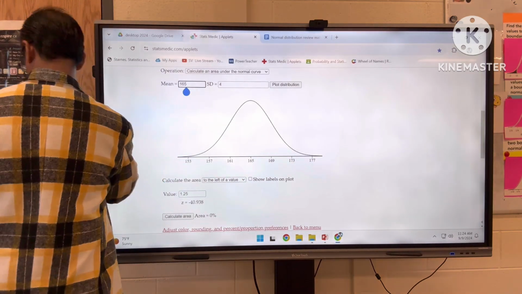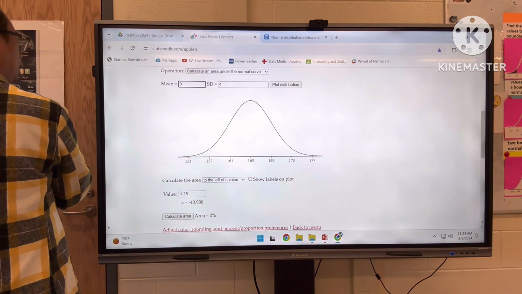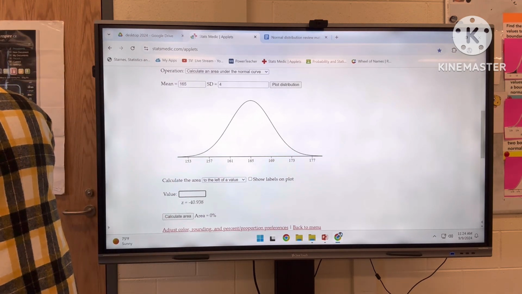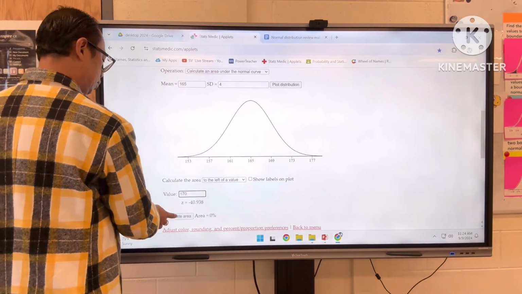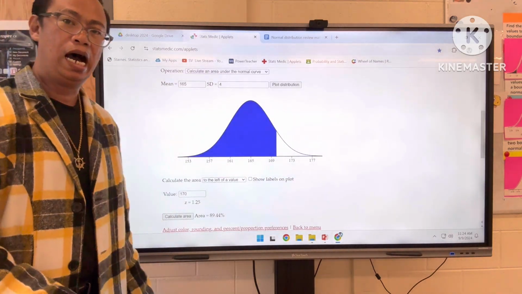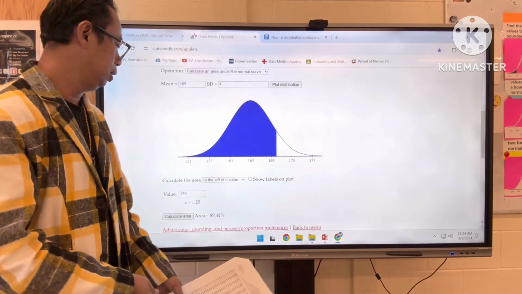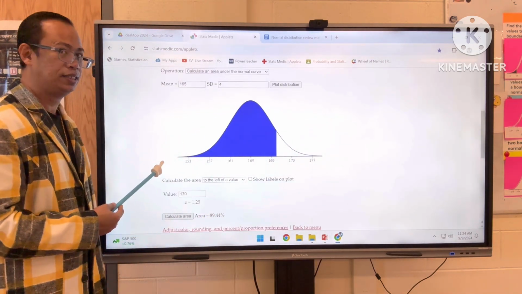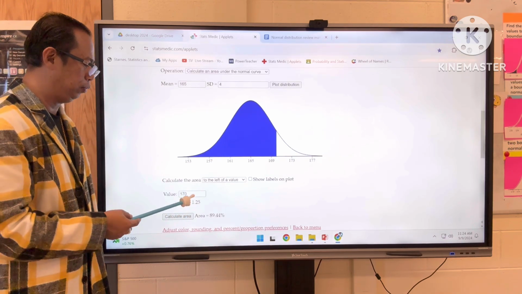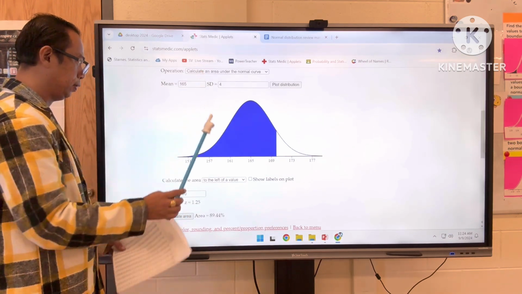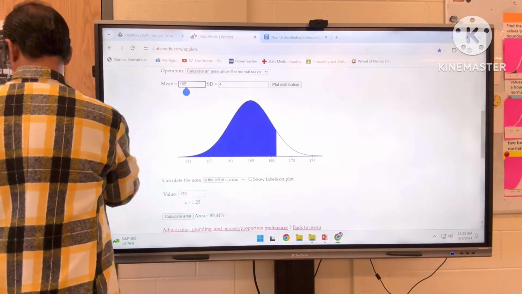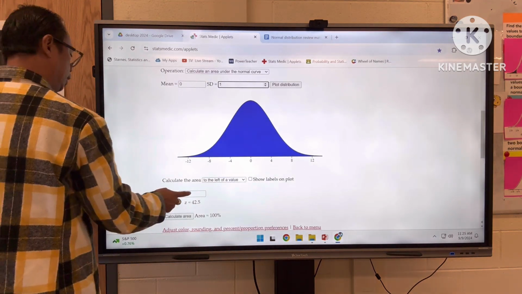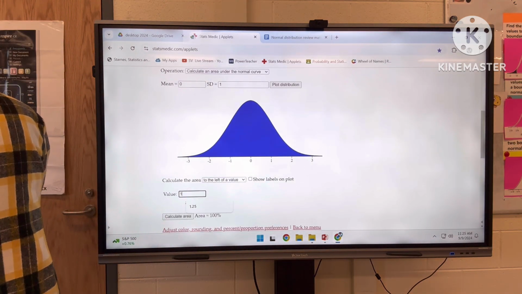This will be 0, sorry. We can have that, 165. This will be 170. So this is our unstandardized score, and the answer is 89.44. Unstandardized meaning we use the raw score, 170, 165, 4. Now, we're going to change this to 0, and this one will be 1, and this one will be 1.25.